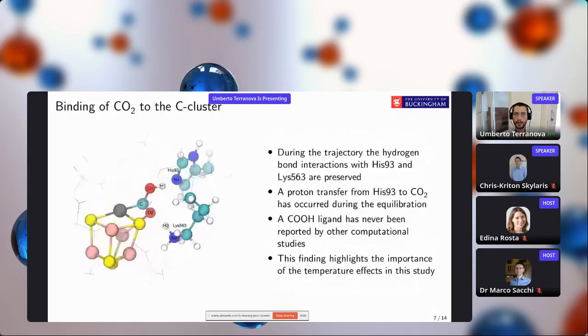One important fact is that a proton transfer occurred from the histidine to the CO2 molecule to form a COOH ligand that has never been reported by previous studies, and these are the highlights of the chemistry of molecular dynamics in this study.